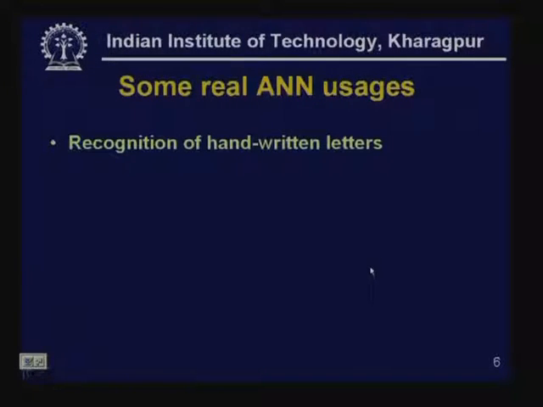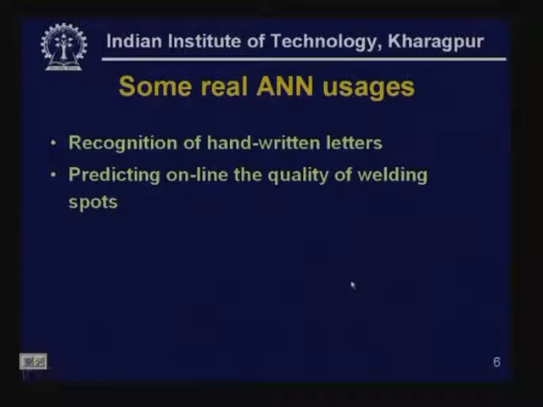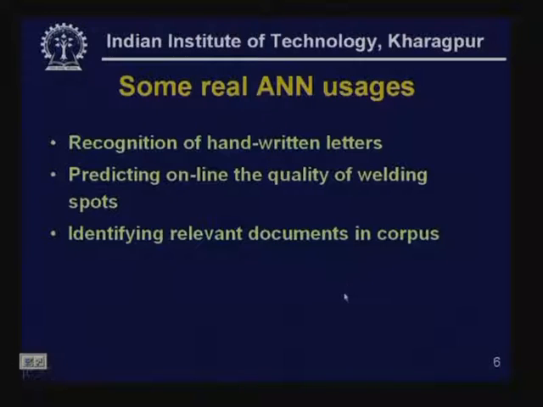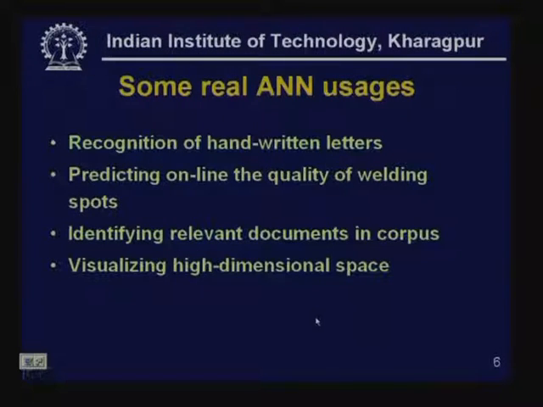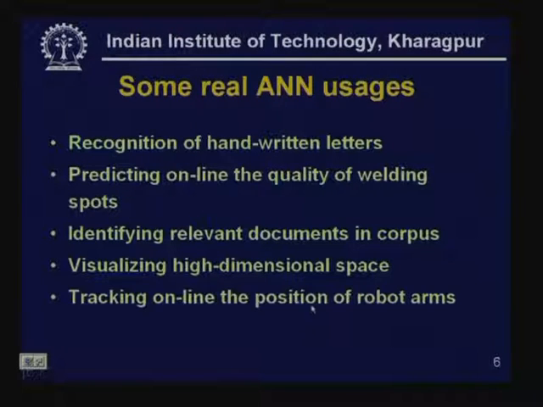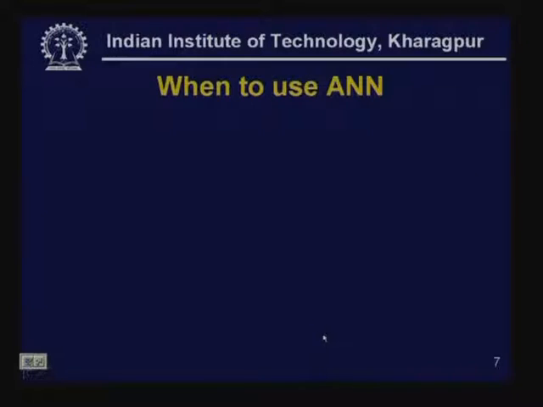ANNs have been used for recognizing handwritten letters, for predicting online the quality of welding spots, for identifying relevant documents within a corpus, that is a large number of documents, the visualization of high dimensional space, then tracking online the position of robot arms.